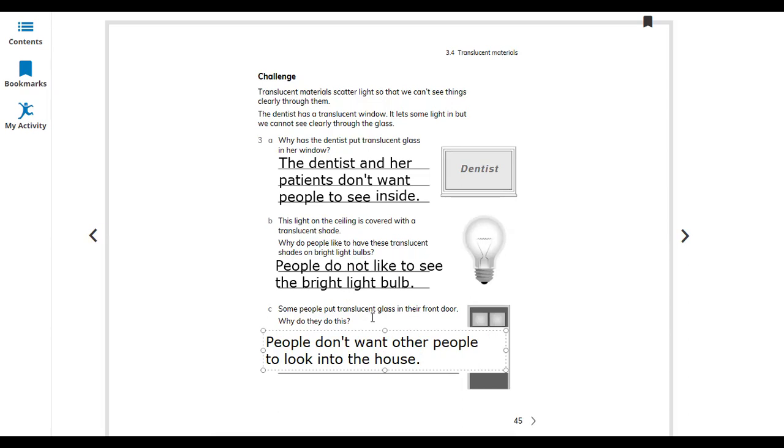So some people put translucent glass in their front door. Actually, people don't want other people to look into the house.